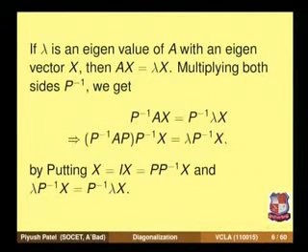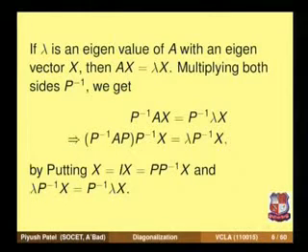Multiplying both sides by the inverse matrix of P, we have P inverse Ax equal to P inverse lambda x. Lambda is a constant, so we can carry it out, so that we have on the right hand side lambda P inverse x.